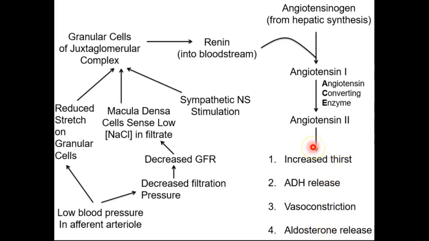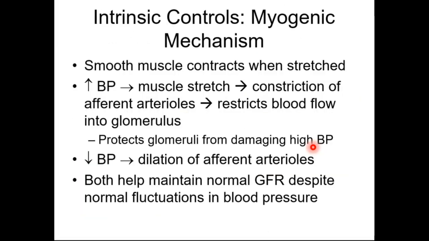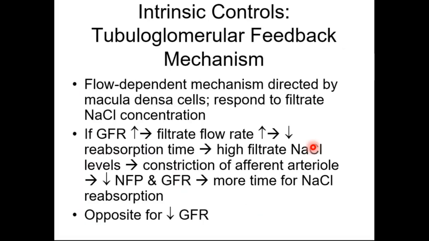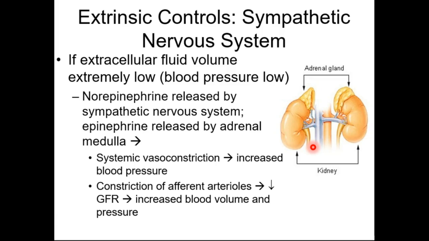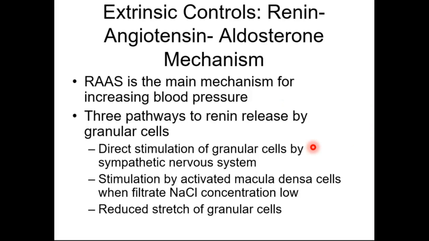And that makes you drink water and retain water. And that's going to raise your blood volume, and that's going to raise your blood pressure. So it's pretty cool. You've got ways that your kidney affects its own blood pressure just to protect itself, and then it's going to impact your systemic blood pressure via that RAS pathway.